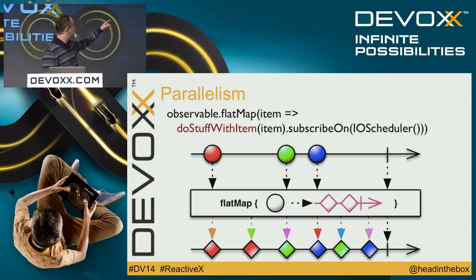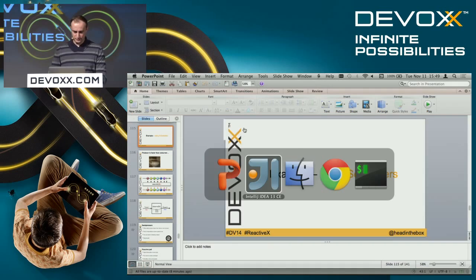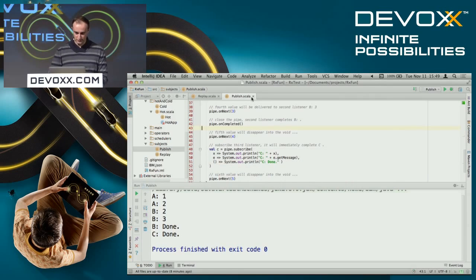So now for every item that gets emitted by the source observable, you basically switch to another scheduler, so every item will be handled on its own scheduler, on its own thread, and things will just happen in parallel with this pattern. So let's look at an example of this, how this actually looks in code.